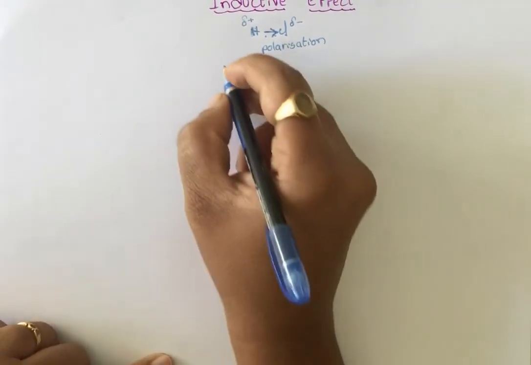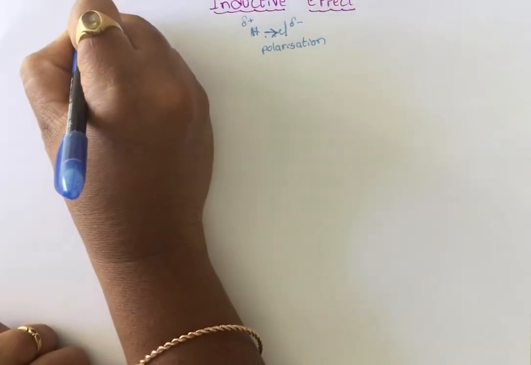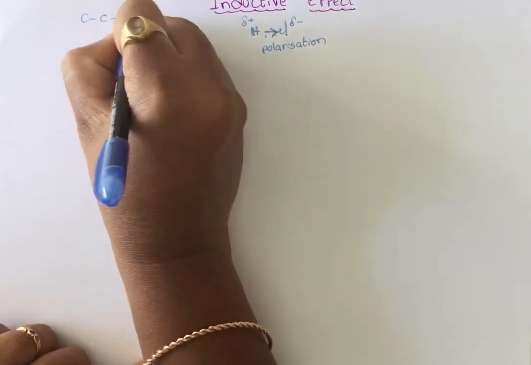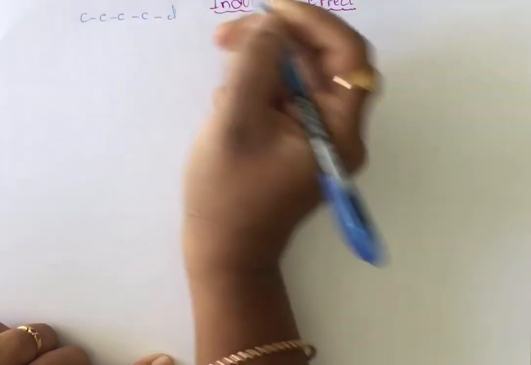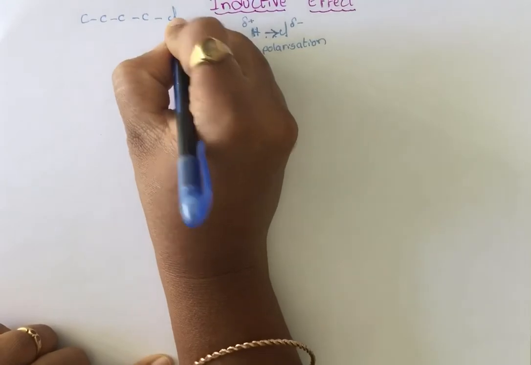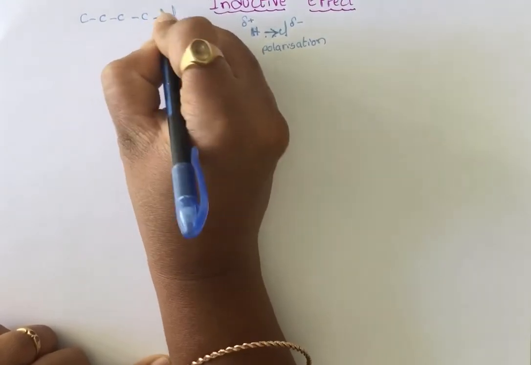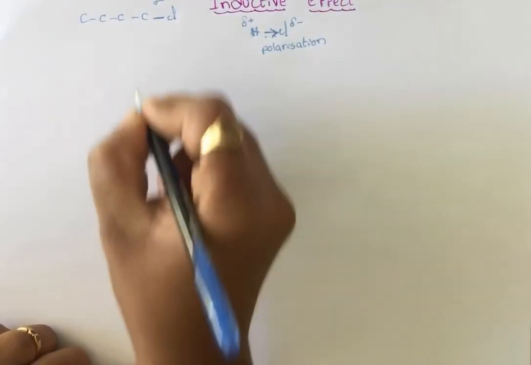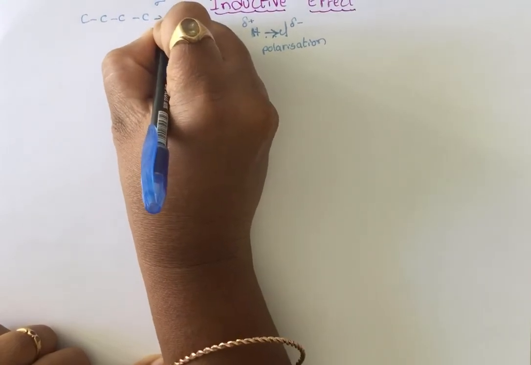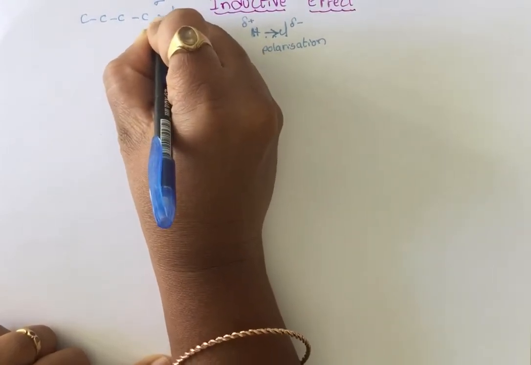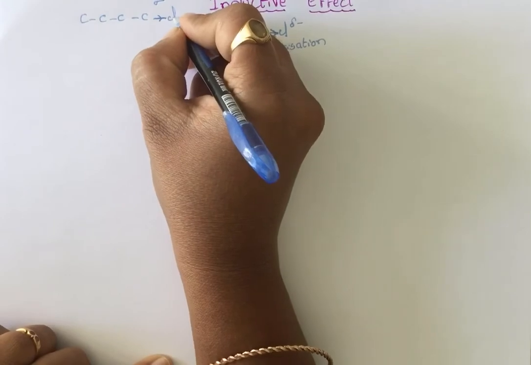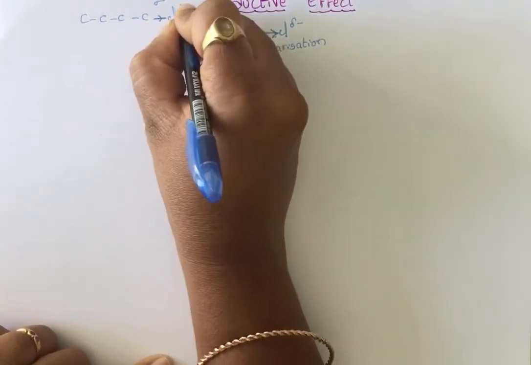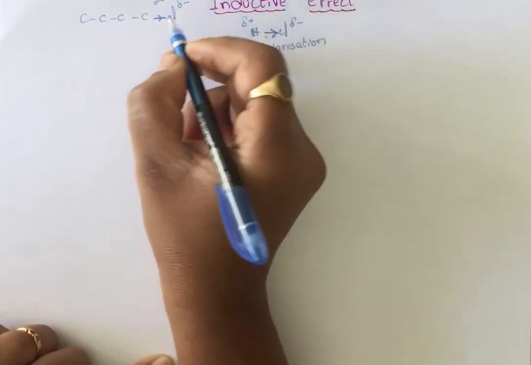Coming to the organic molecules, if I take a carbon chain attached to an electronegative element like chlorine, this is a bonded pair of electrons. That too, what type of bond is it? Sigma bond. Chlorine will attract the bonded pair of electrons towards itself. Because of that reason, chlorine gets a partial negative charge.